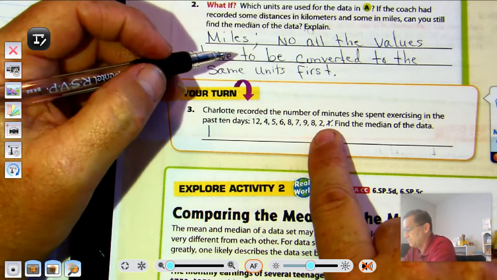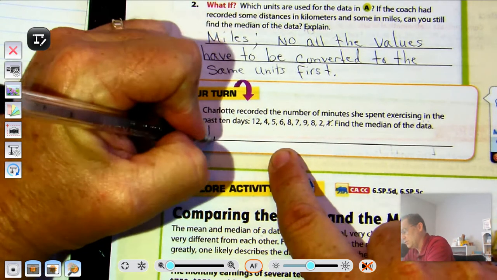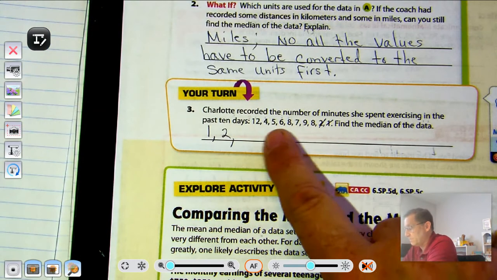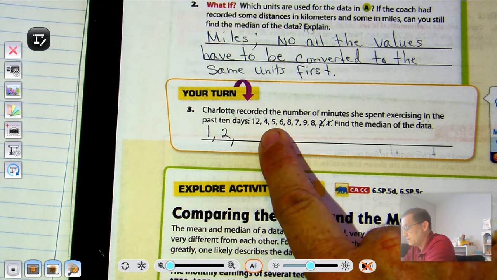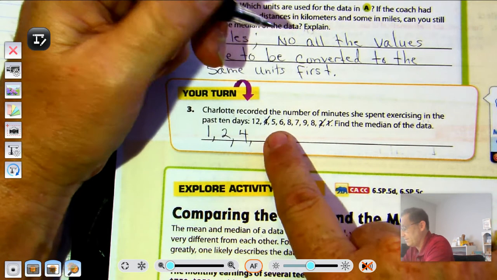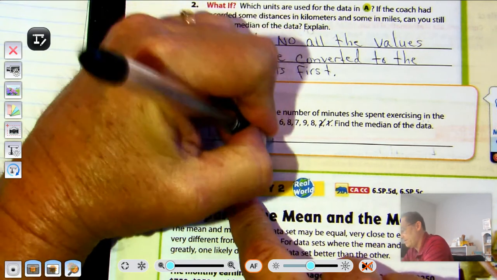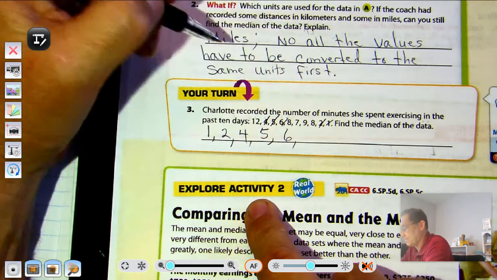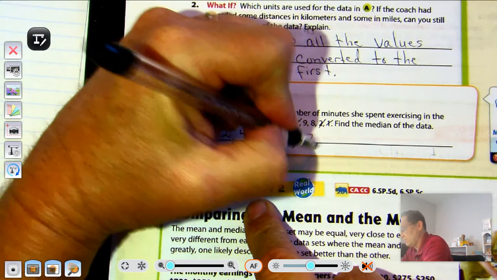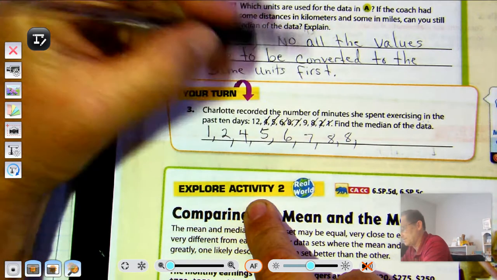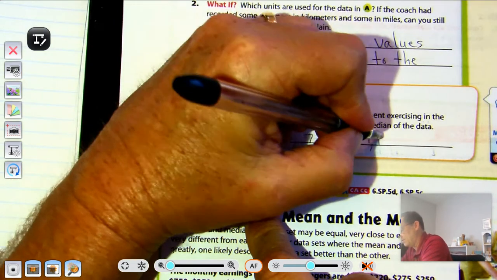Okay, there is a 2, and there's only one 2. 4, and there's only one 4. 5, only one 5. 6, one 6. 7, there's one 7. There are 2 8s. There's a 9 and there's a 12.